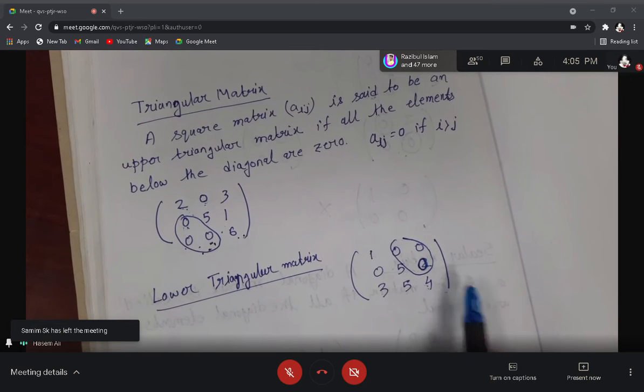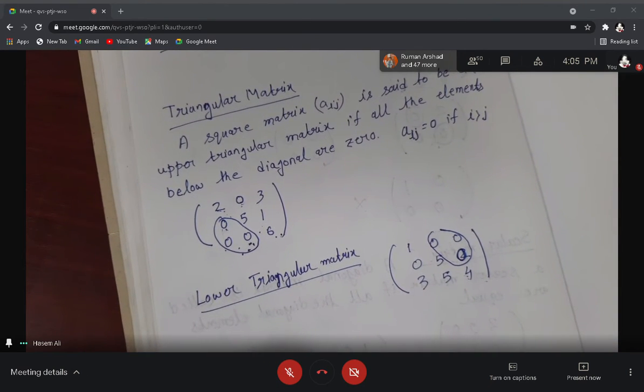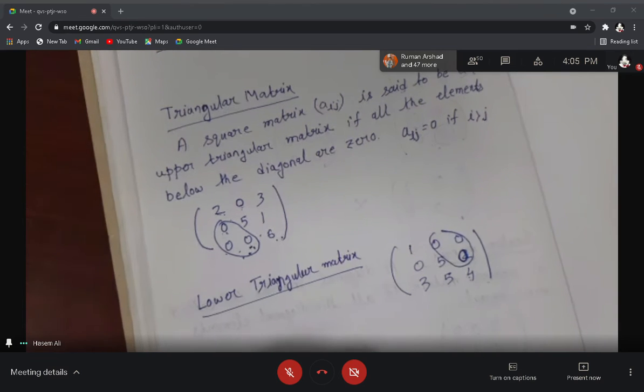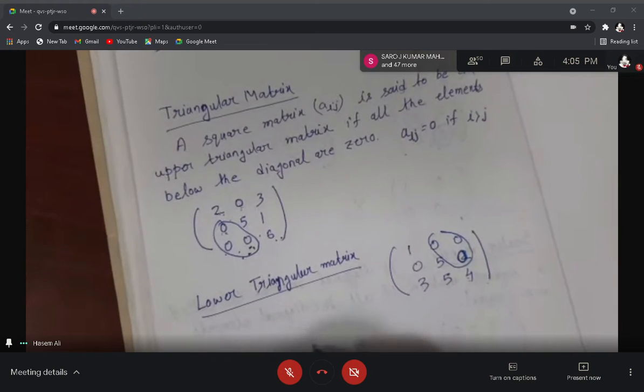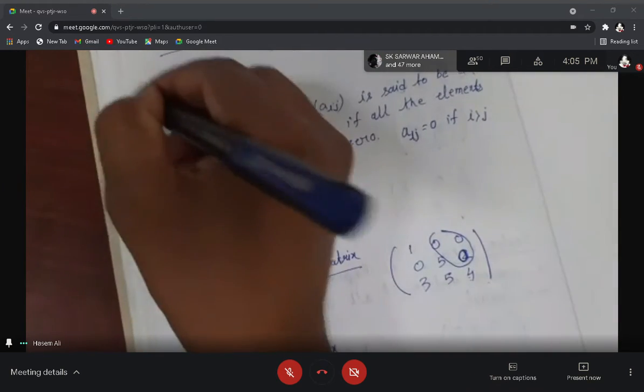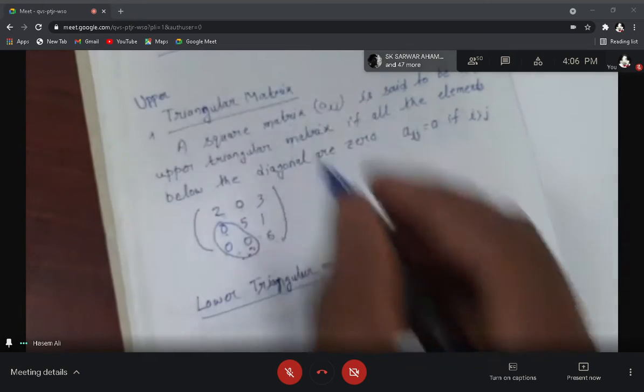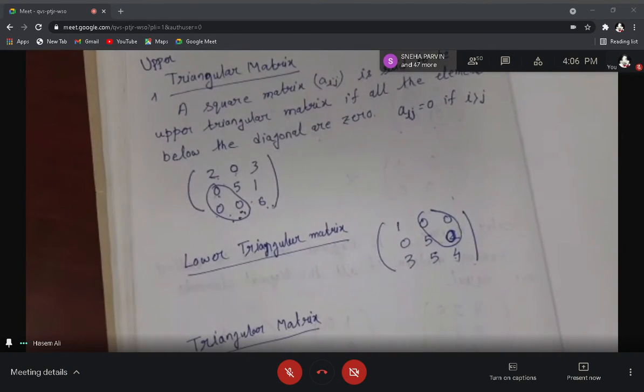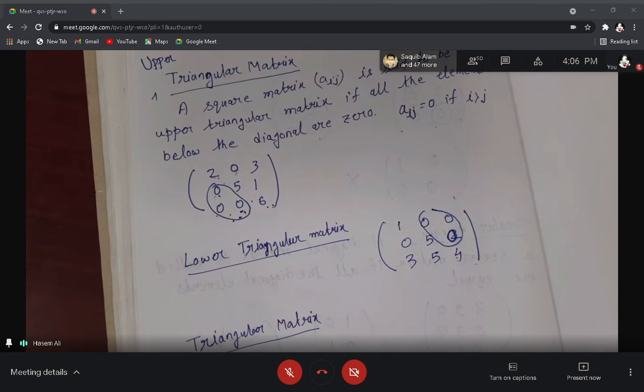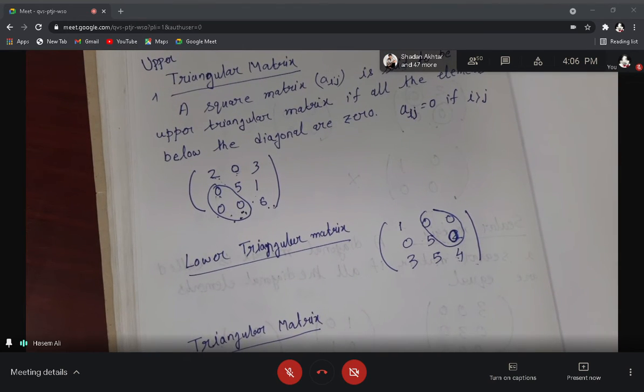And what is a triangular matrix? A square matrix is said to be a triangular matrix if it is either upper triangular or lower triangular.